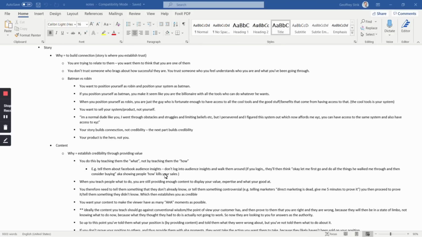Okay, so your goal isn't to walk people through the different components. Your goal is simply to make them aware that the components exist, right? So when it comes to Facebook marketing, for example, there's a tool called Audience Insights, which helps you better understand the different people you could target on Facebook and helps you refine your targeting with your Facebook ads to reach a more specific group of people.